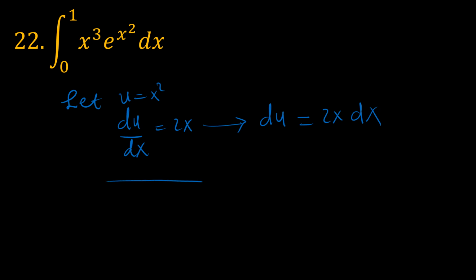Another thing we have to look at is the limits. When x equals 0, 0 squared is 0. When x equals 1, 1 squared is 1.